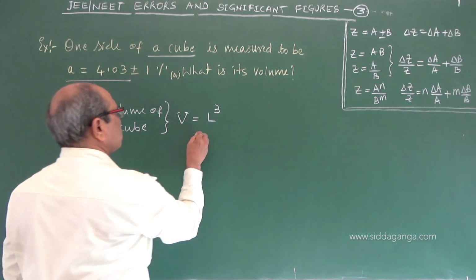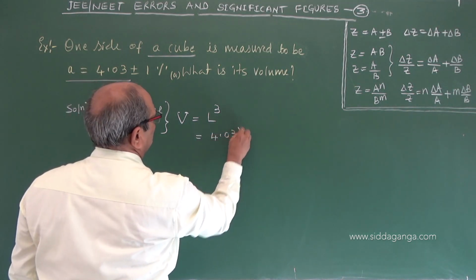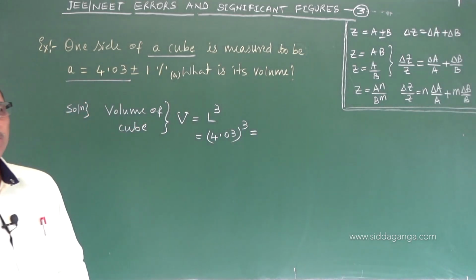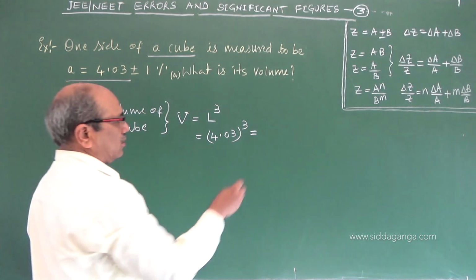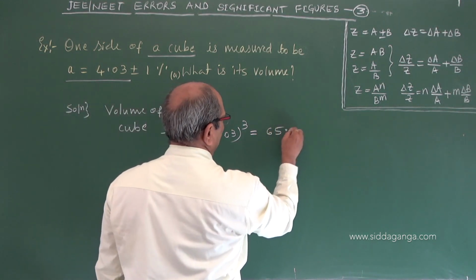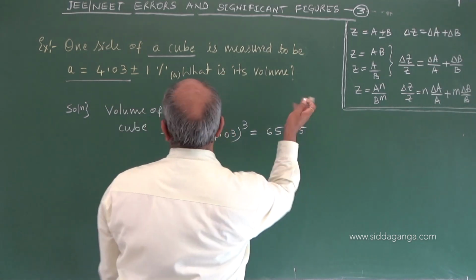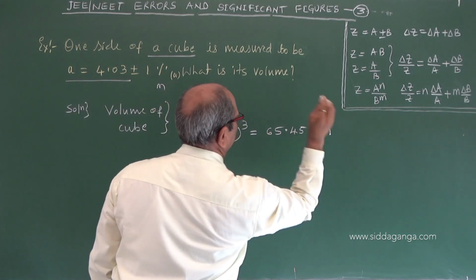Let us find the first value, taking only the magnitude. 4.03 cube. 4 cube is 64, and 0.03 makes it approximately 65.45. That is in terms of meter; here it is meter cube.